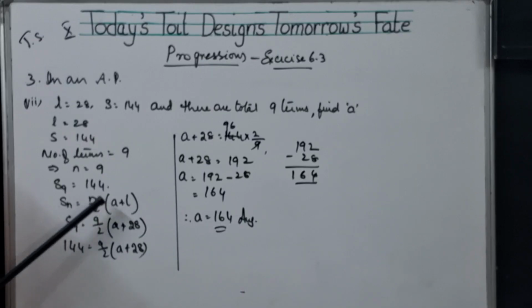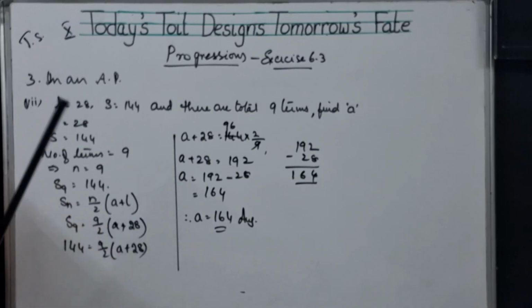I am taking the general formula for Sn, because the last term they have given, n by 2 into a plus l. So S9 is equal to n by 2, we have got n as 9, 9 by 2 into a plus last term 28. So the S9 value they have given, 144, is equal to 9 by 2 into a plus 28.